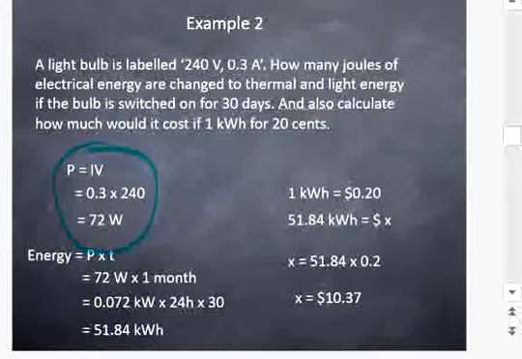And then after you calculate how much energy you use, it becomes 51.84 kilowatt hour, and then you cross multiply. I'll try to make it as simple as possible because we have other notes that we need to cover, what I meant is your notes need to be explained.